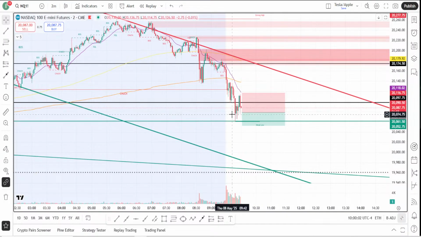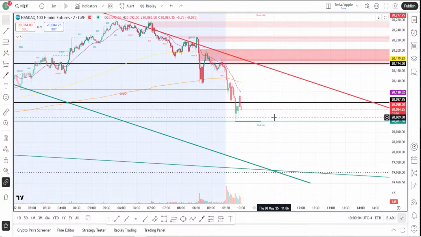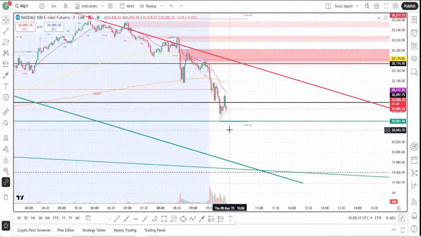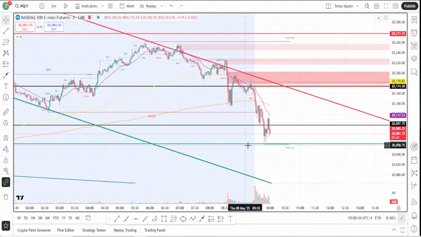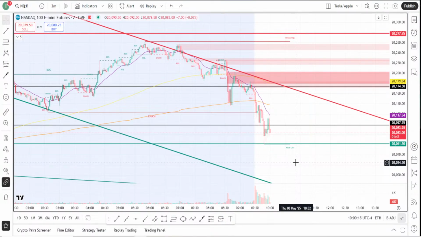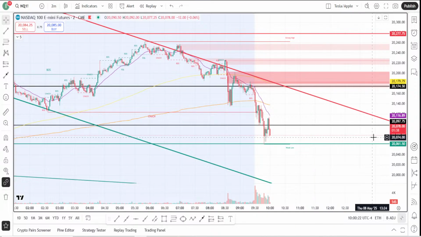Okay, or you can just not take that trade. That's also a possibility there. I would love to take this short here, but honestly, I don't feel too good about it. So I might just let it pass and I'll wait for an opportunity later on.